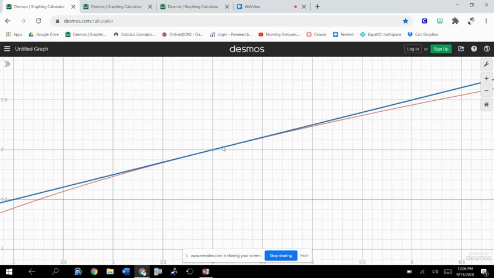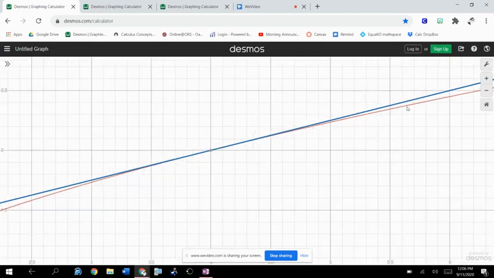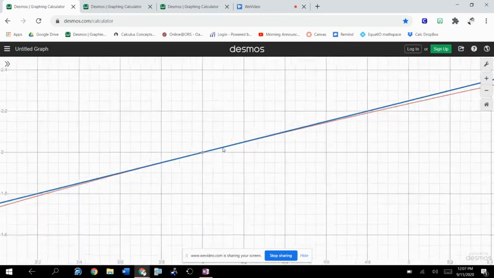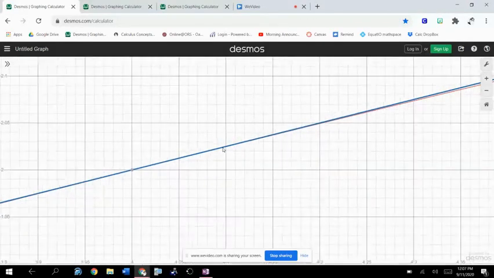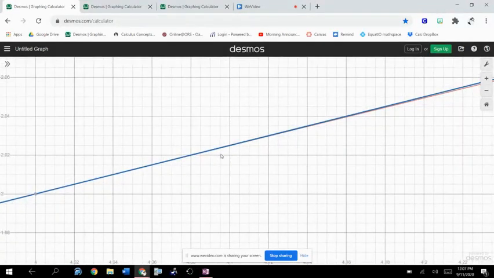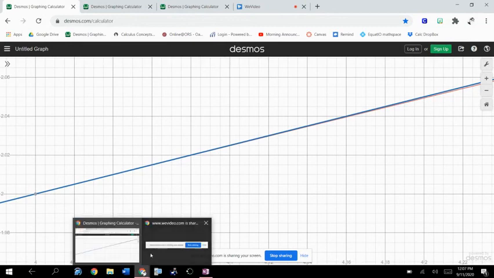Can you see that the tangent line and the graph are so close together? I can't even tell them apart right here. I see red and blue over here, but these are almost literally on top of each other. Even as I zoom in closer and closer, I can't distinguish between them. So that's why this is used as an approximation technique.